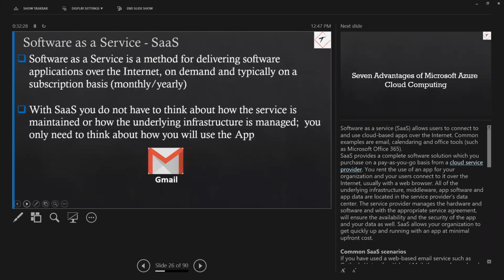Software as a service is a method wherein you just pay for using the subscription of the software, for example, Gmail, or Outlook 365, or Microsoft Link. So these are the examples of software as a service where you do not have to worry about how it is maintained, what is the underlying infrastructure. You just only think about how you will use this app.